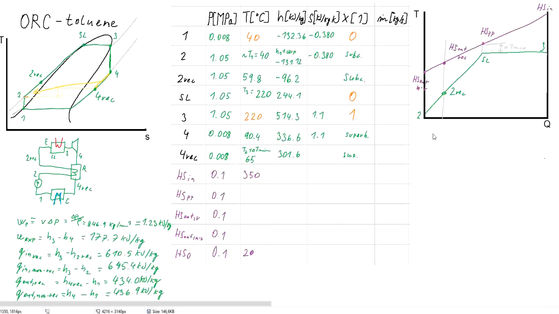So now let's calculate the mass flow rate of the working fluid, same as we did before. We had 1 kilogram per second of the heat source, and we know already from the previous calculation that Q from saturated liquid is the same as Q heat source in to heat source pinch point.